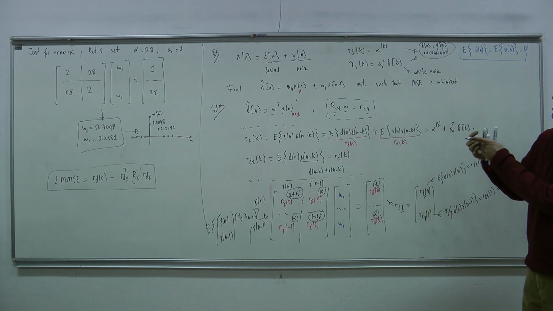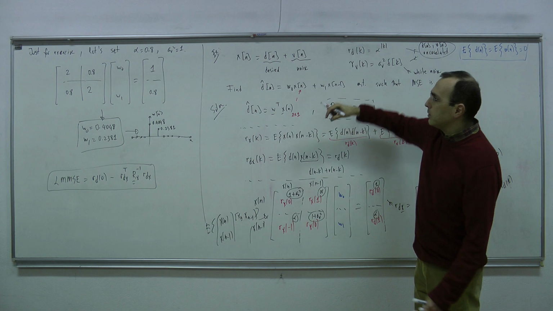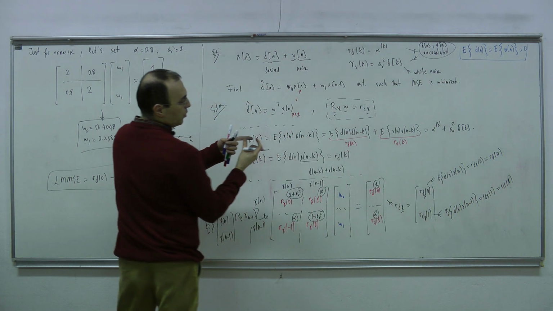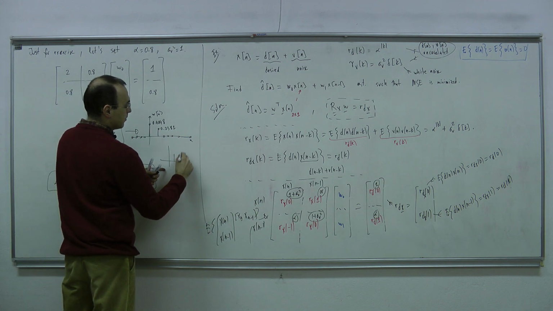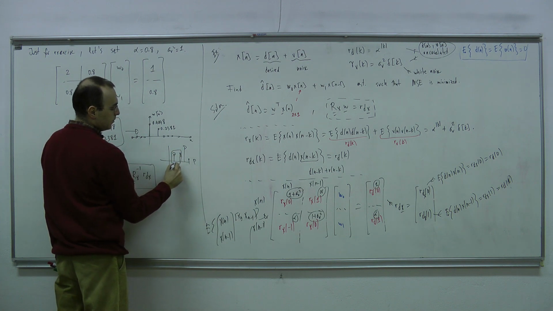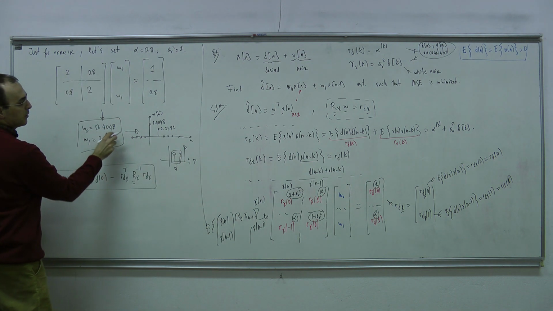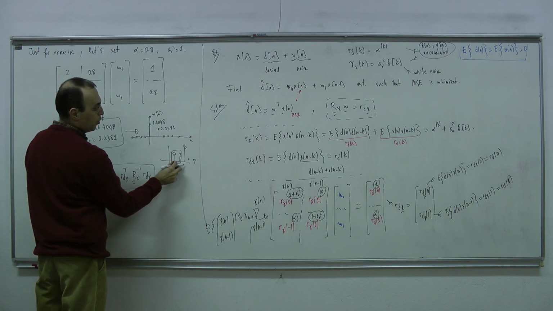For every sample, it's capable of doing that. The reason is this linear combiner doesn't change. Let's say you have a process like this. These are the observations of X. Now you are combining these two by these weights, and you get a result. So this is, let's say, 0, 1, 2.